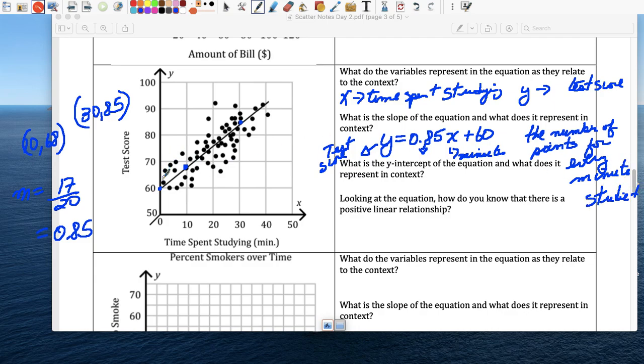The y-intercept, 60 here. It's kind of weird because it says if you don't study at all, 0 minutes, you get 60. So the y-intercept, b, says it's 60, which is saying that if you study 0 minutes, you get a 60. Well, how's that possible?